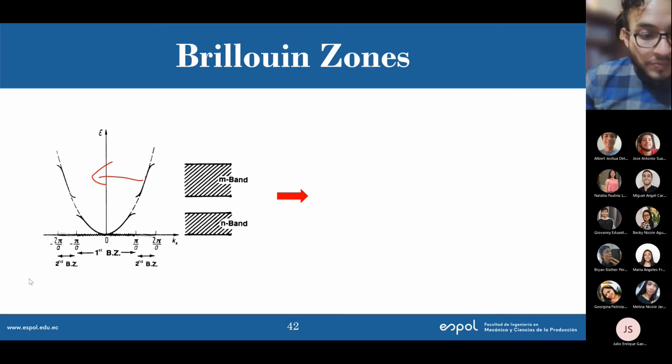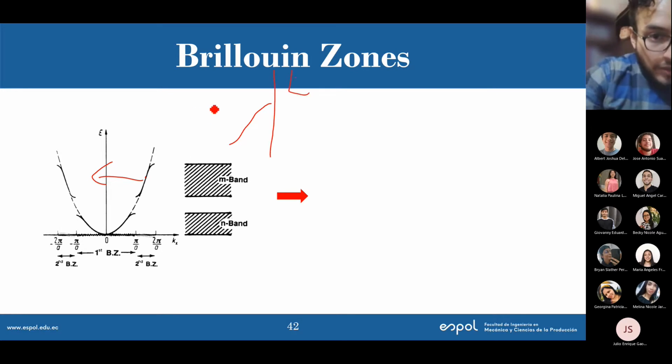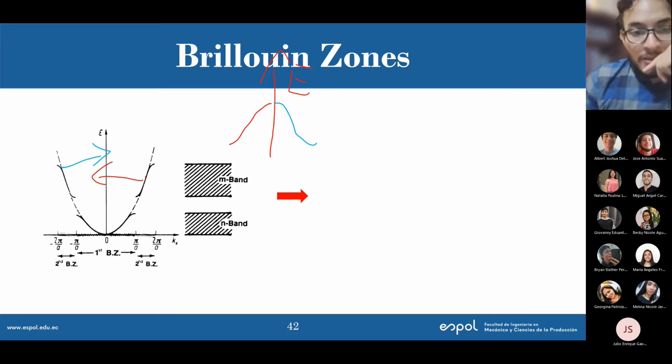What you will get is something like this, and that will be E. So E will be there, and now shift this 2 pi over a, and you will get that. And you can keep doing this, and you will get that.